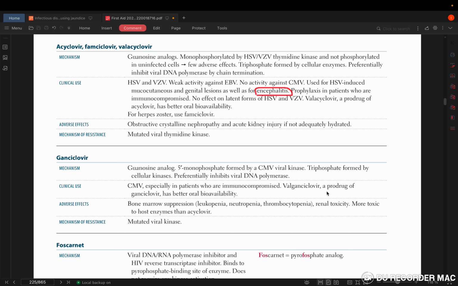I need a really good student to tell me, is it HSV 1 or 2, the one that leads to encephalitis? Some people say 1, some people say 2. Yes, absolutely correct. 1 is encephalitis and 2 is meningitis.